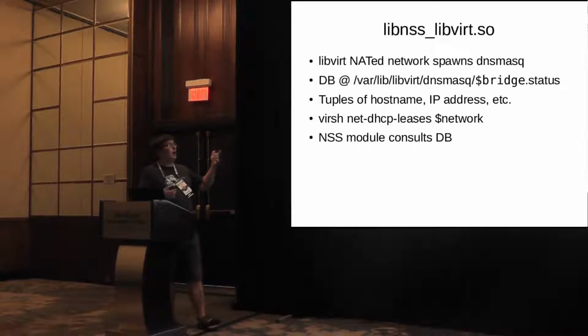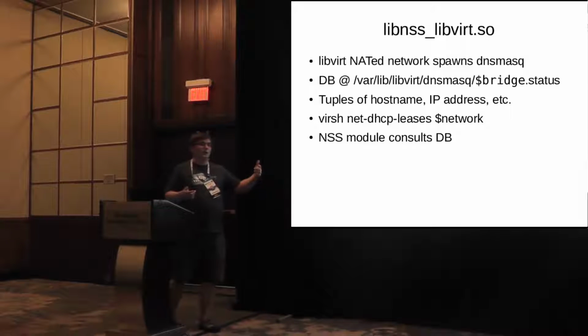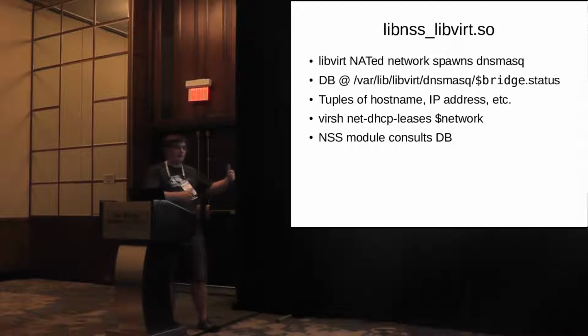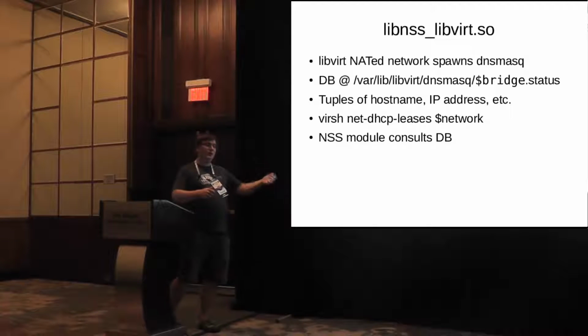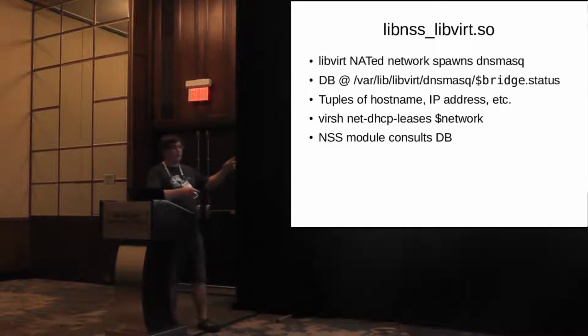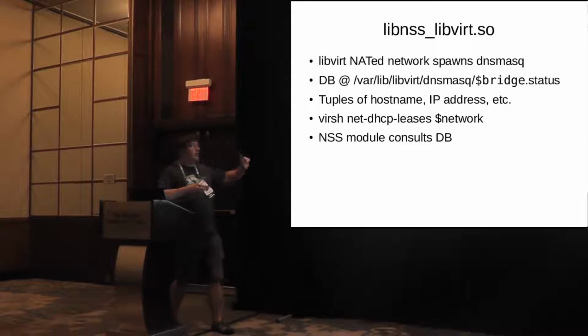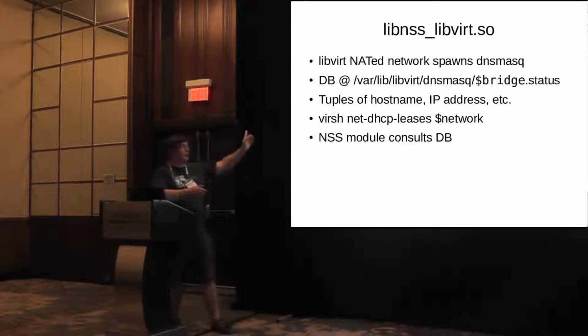That's where Libvirt will handle IP address assignment for you, and it's done via spawning a dnsmasq, which is configured in a way that whenever a new DHCP request is handled, a simple script is run which records the IP address among other fields somewhere in our database. The database is located at this path.